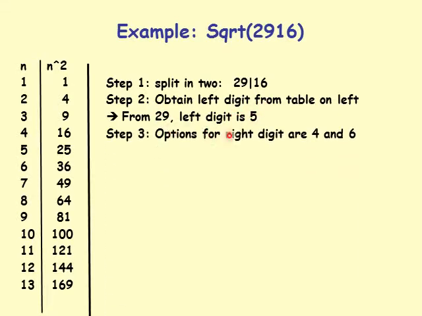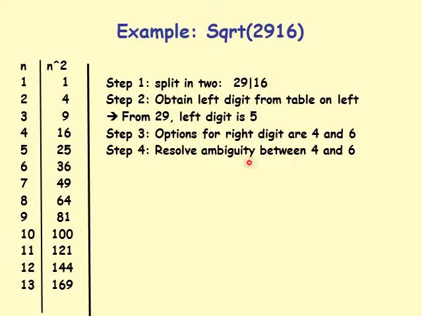The right digit is either 4 or 6. We have a 6 in the last place, and a 6 in the rightmost digit means either 4 or 6 on the right. Those are the two options. Now we know for sure the left digit is 5, given this is a perfect square.